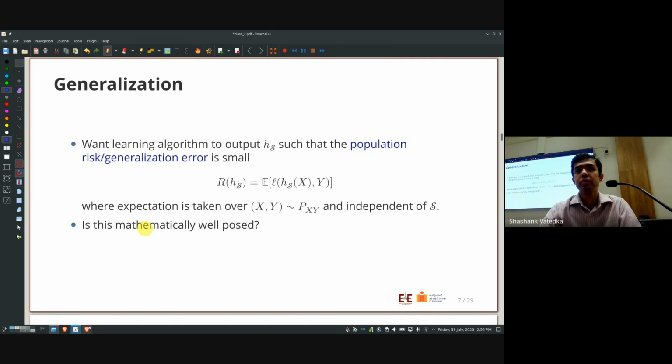Remember that in this special case, there is one predictor which achieves zero generalization error. It is h of x equal to f of x, because we're assuming that we're operating with a concept class which is equal to the hypothesis class. Right? So there is one predictor which achieves zero generalization error or zero probability of error. The question is, can we always find it?